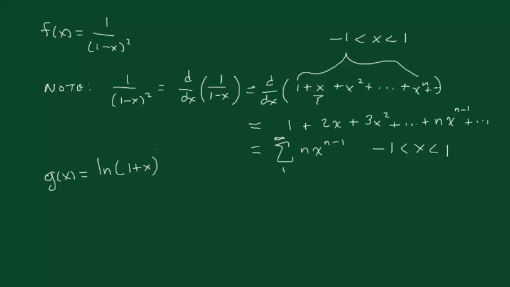Okay, in the next one here, g of x equals the natural log of 1 plus x. What we're going to note about this one is that the natural log of 1 plus x is actually the integral from 0 to x of 1 over 1 plus t, dt, where we need a dummy variable.